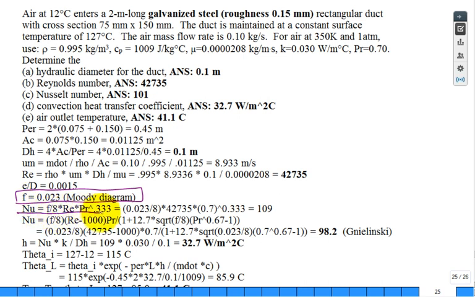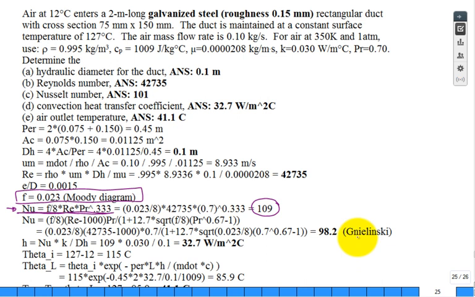Okay. What did I do right here? Can you see that? What did I do right there? I used one approach, which is simply the modified Reynolds analogy. The modified Reynolds analogy gives me a Nusselt number of 109. All right?